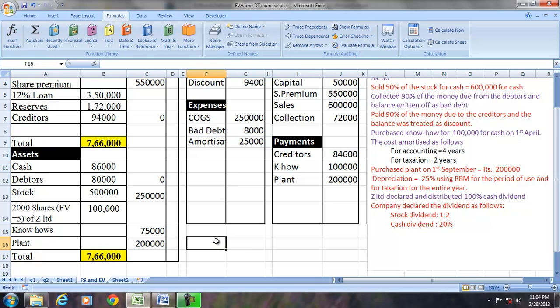So in the working, we can show depreciation is 200,000 into 0.25, multiplied by 7 months, September, October, November, December, January, February, March, so 7 months, so into 7 divided by 12.